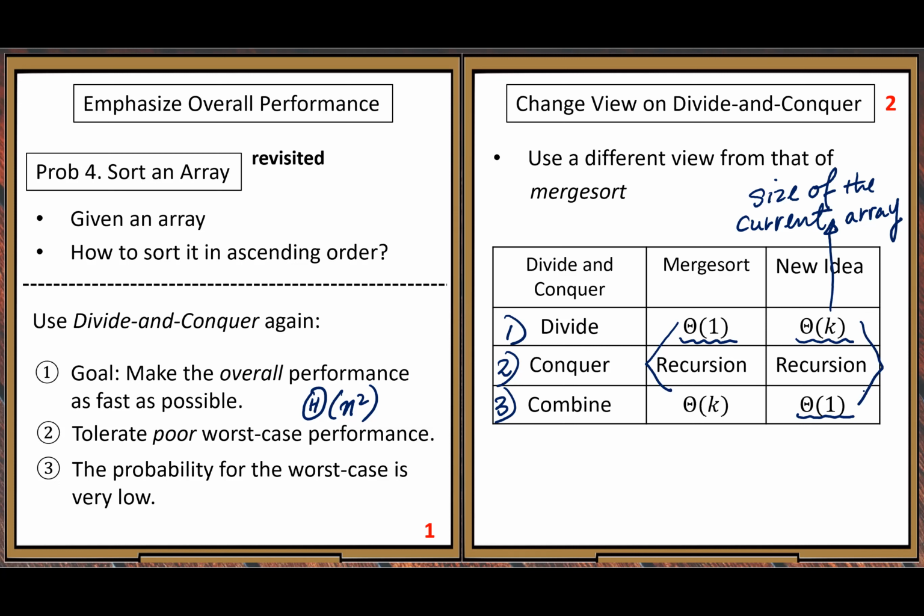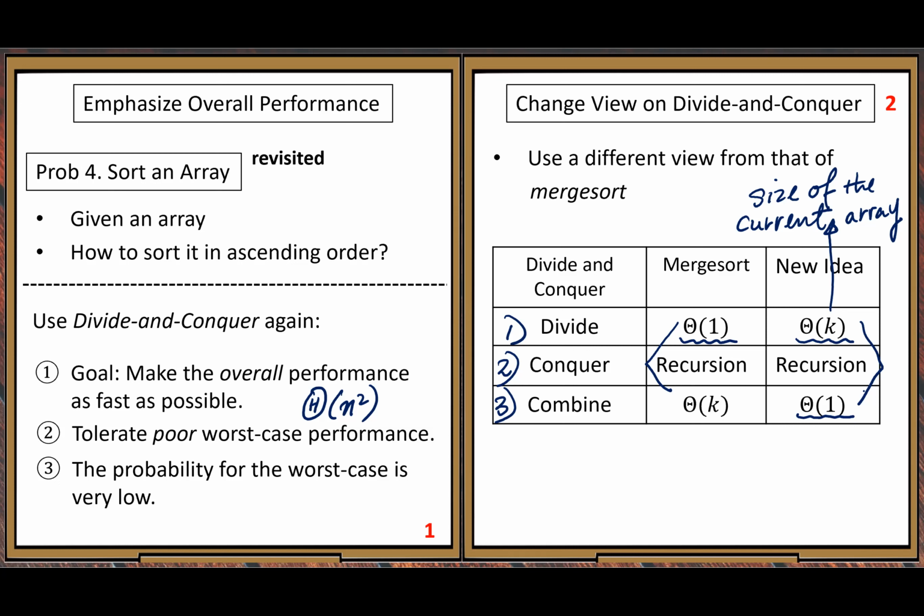You cannot make step 1, step 3, both big theta of 1. It's impossible. You have to do some work, right? Think about it. You have to distribute your work somewhere. If you make both steps big theta of 1, you almost do not do any work. That's not realistic. That's probably someone's dream, but not realistic.